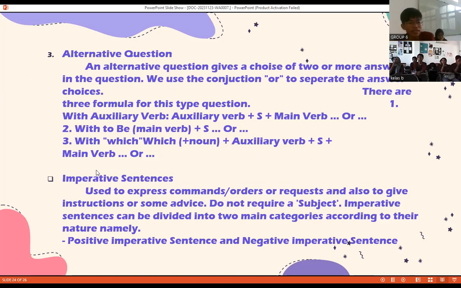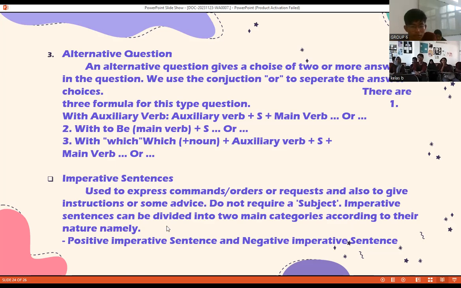And then the last is imperative sentence. We use this to express commands or requests and also to give instructions or advice. This sentence does not require a subject.